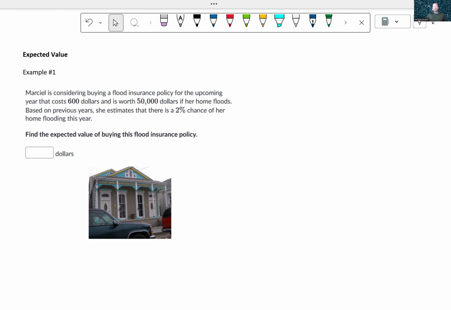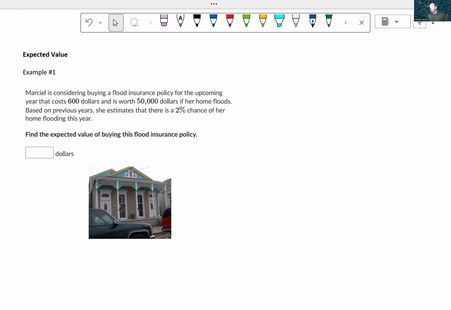And I think this first example is a good example of how the answer that we get isn't really a value that we'll typically see, but it's just how much we would expect to either get or lose in terms of money on average over a long period of time, with, in this case, buying an insurance policy for a house, an optional insurance policy.